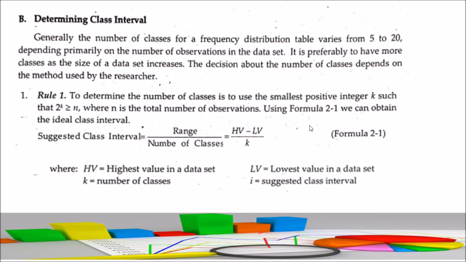The suggested class interval would be the range, or HB minus LB, divided by k, the number of classes, where HB is the highest value in a dataset, k is the number of classes, LB is the lowest value in a dataset, and i is the suggested class interval.